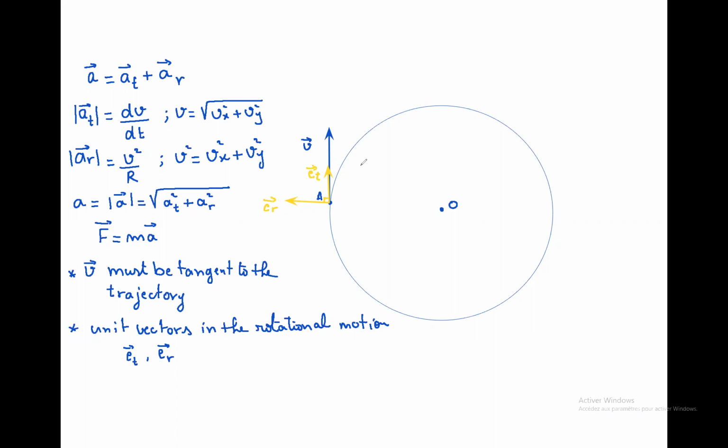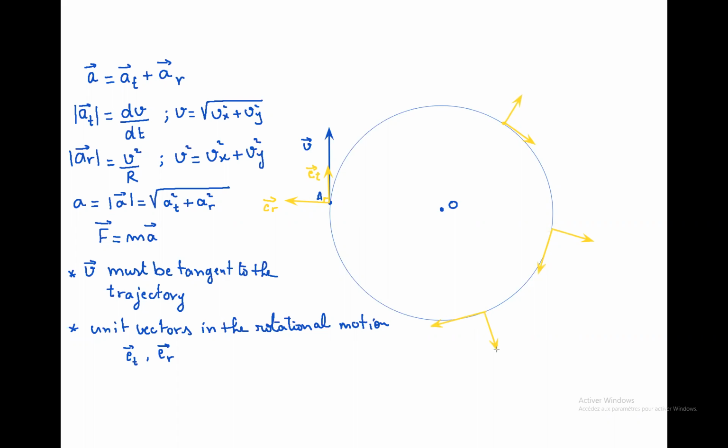I take another position just to compare. At this point, you have ET and ER. At this point, ET, ER.